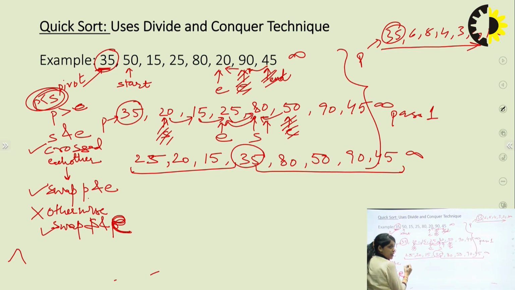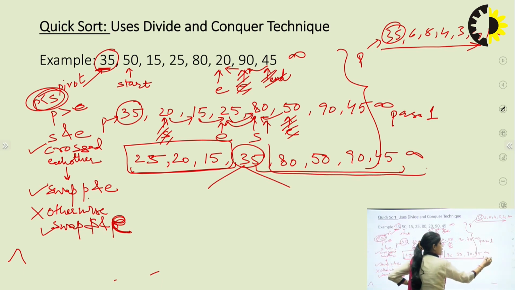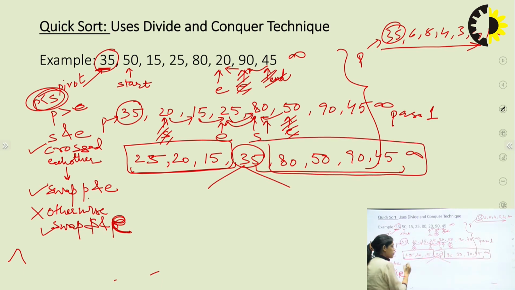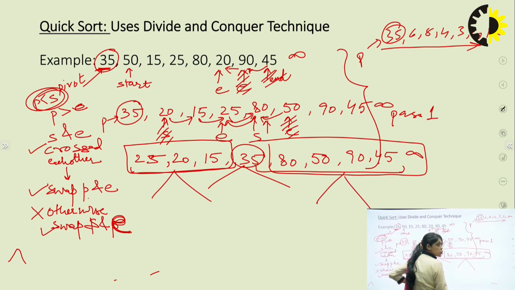Now we will start the second pass. You can see we have divided this problem into two halves. Now this is one array for us and this is another array for us. We will work on it, divide it into two halves. Then we will work on those, divide them into two halves.